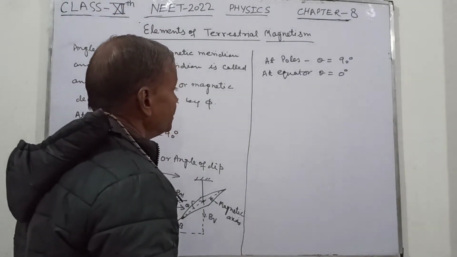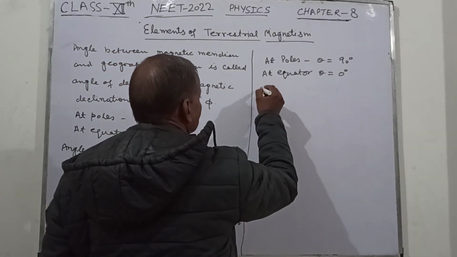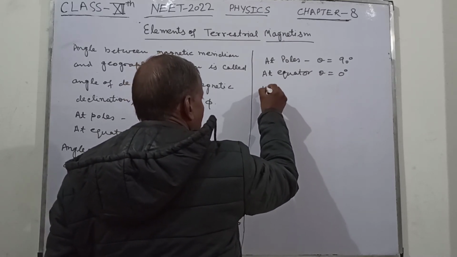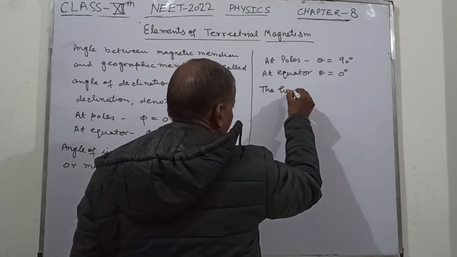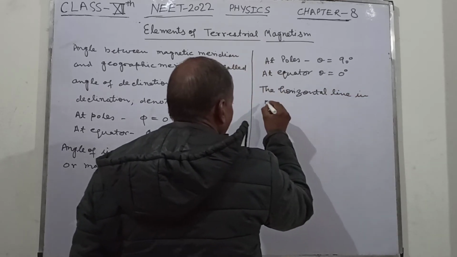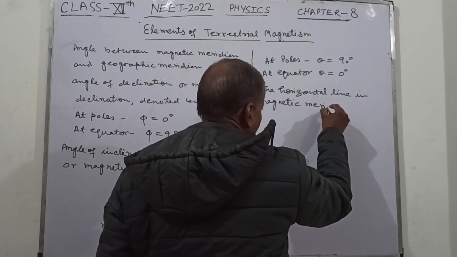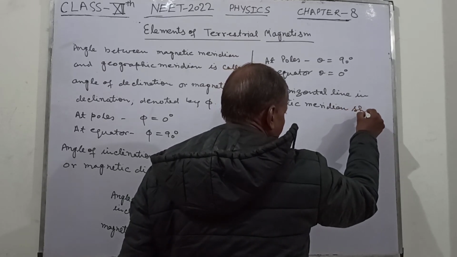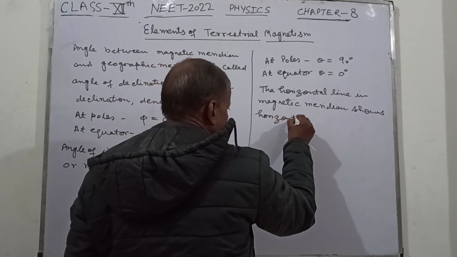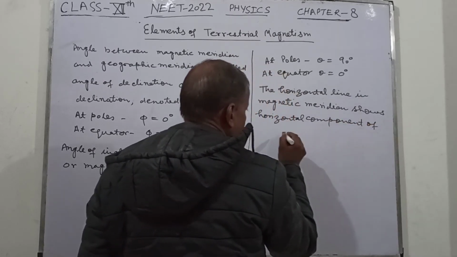Now the third thing is the horizontal component of the Earth's magnetic field. The horizontal line in the magnetic meridian shows the horizontal component of the Earth's magnetic field.